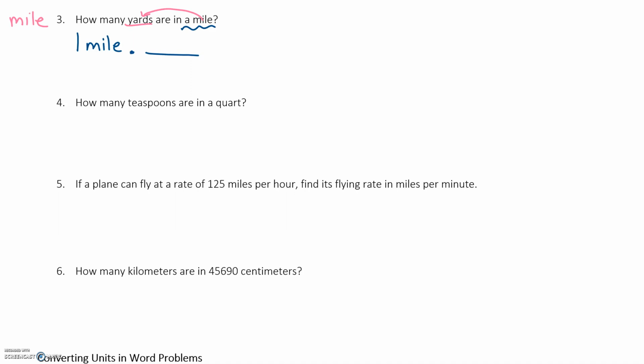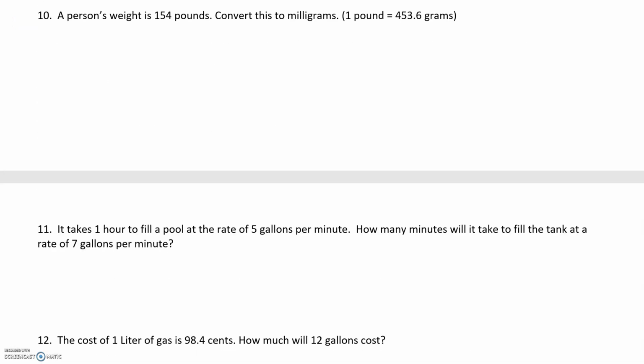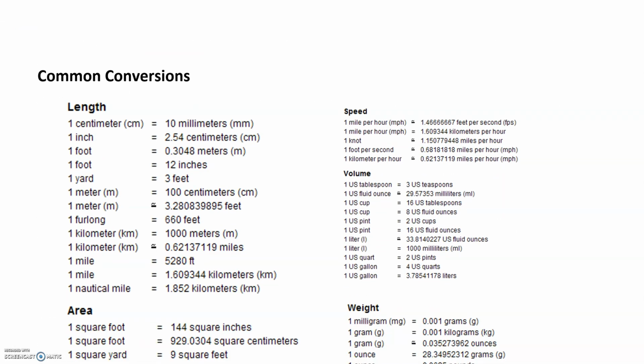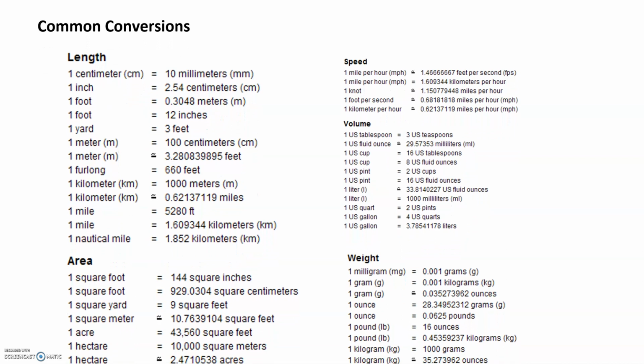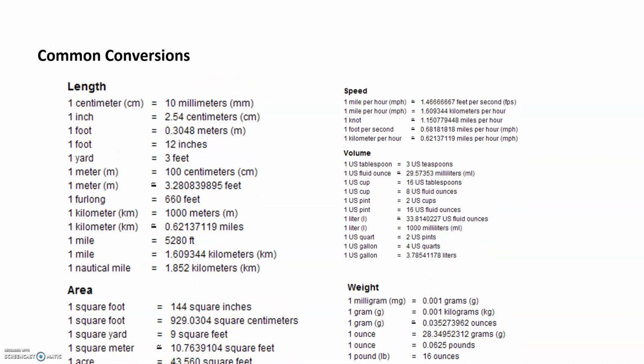Well, if you're not sure, let's go down to the next page and let's look. In our length measurements, do we know yards in 1 mile? Nope, I'm looking around and I do not see anywhere where yards and miles have an equal sign between them.